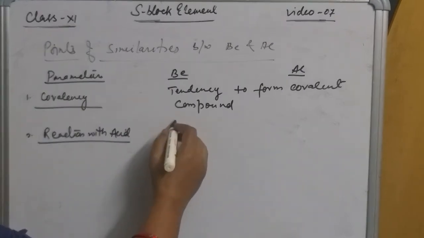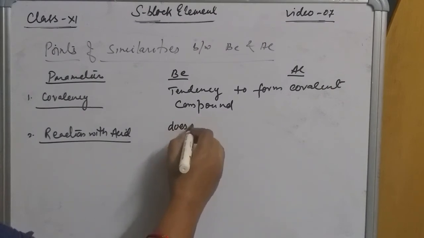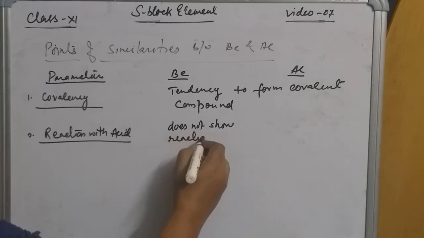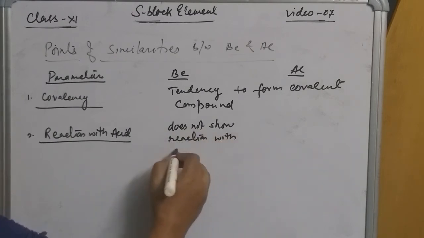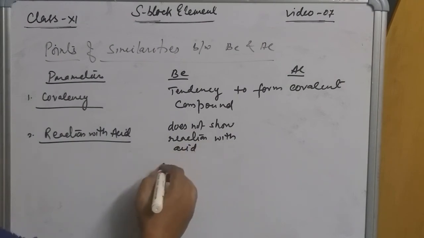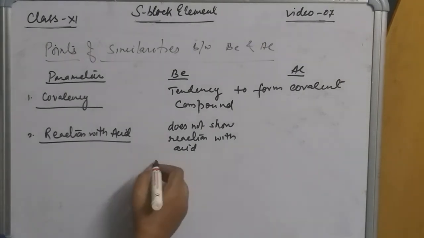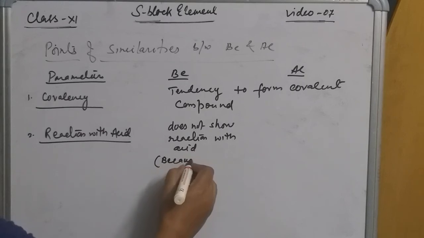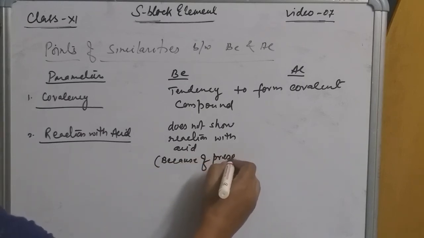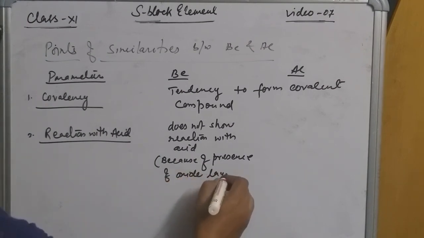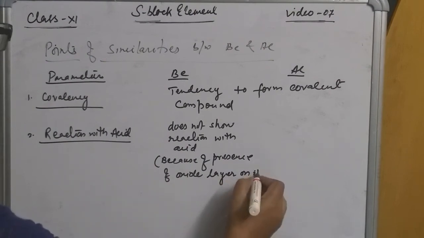Beryllium does not show reaction with acid because of the presence of an oxide layer on it.